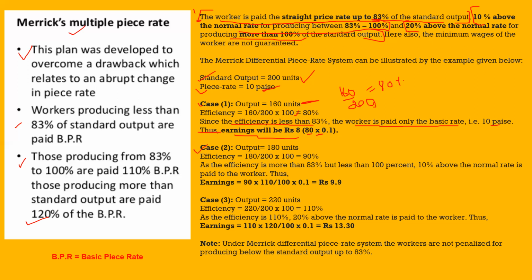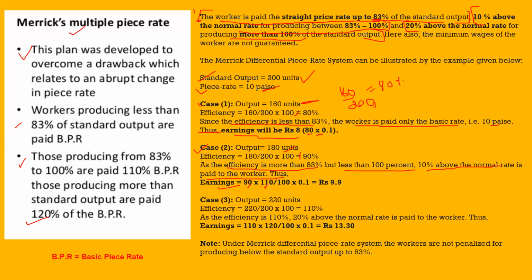Next, case 2, output is 180 units. Efficiency is 180 divided by 200 into 100, which is 90%. As the efficiency is more than 83% but less than 100%, 10% above the normal rate is paid to the worker. Thus, how much is the earning? 90% into 110%.